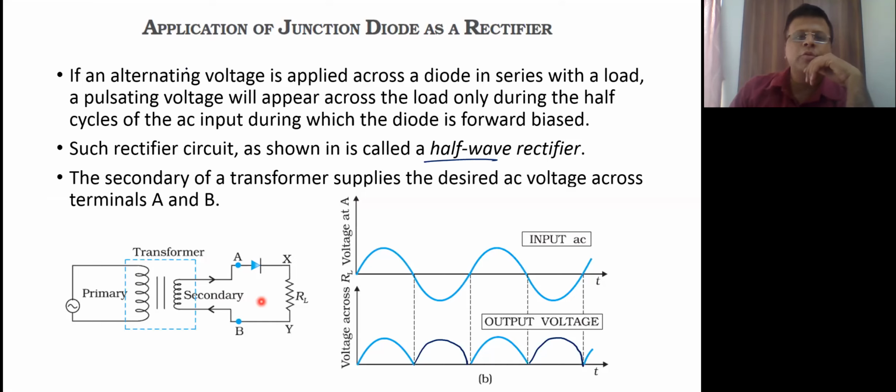So in order to get a full wave rectifier, what do you think we have to do now? What changes you think Shreya will have to do in here so that we can get a full wave rectified voltage? One small change you can say.